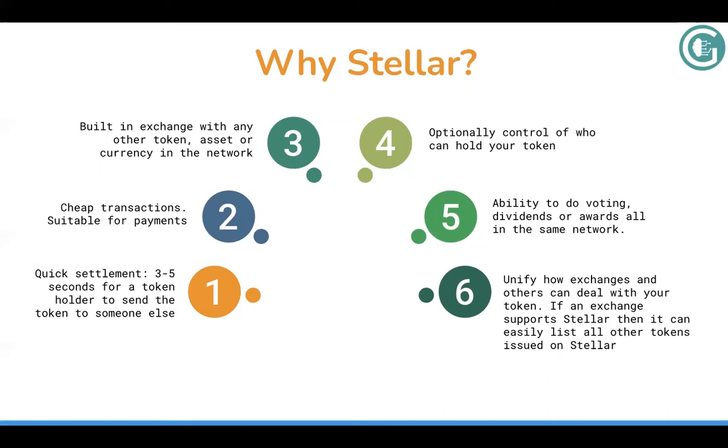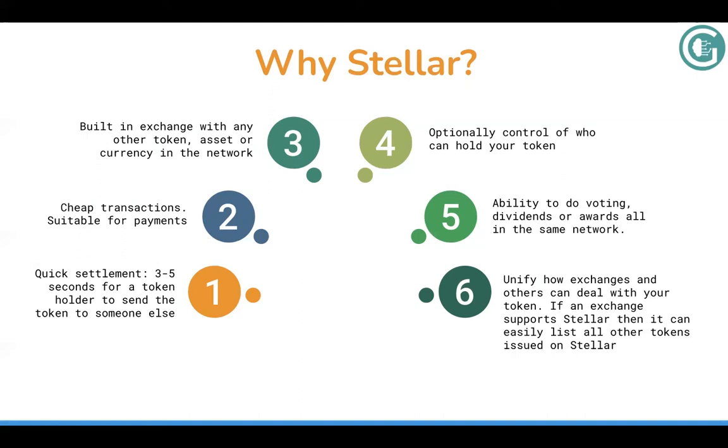Third one is it comes with a built-in exchange. So what it helps us to do is that it comes with built-in support where we can exchange Doozie token or other assets in the same network very easily. The fourth one is not what we actually want to do here, but it's just something you can do that I thought we should add here, that you can optionally control who can hold your token.